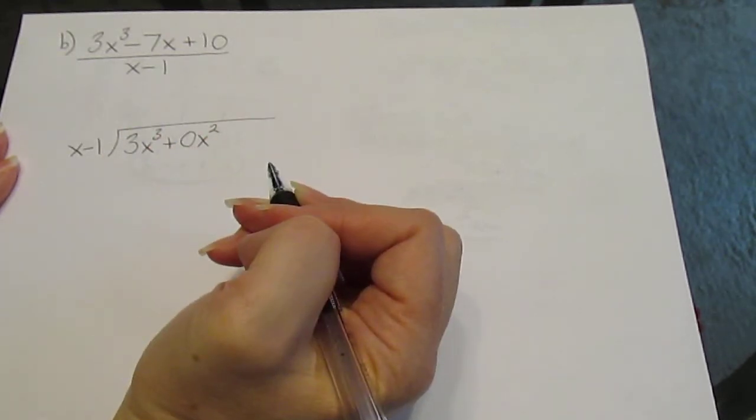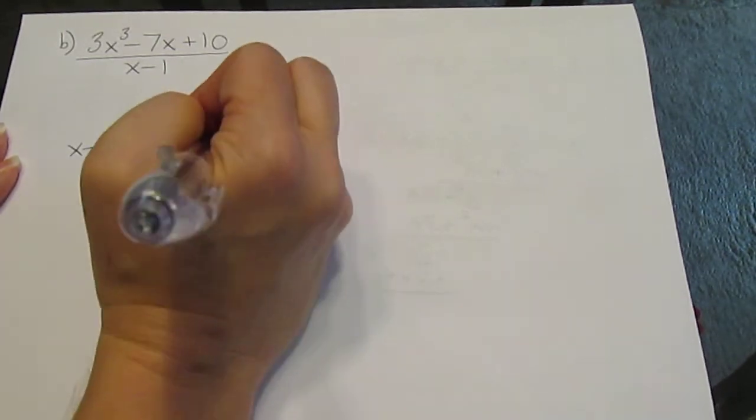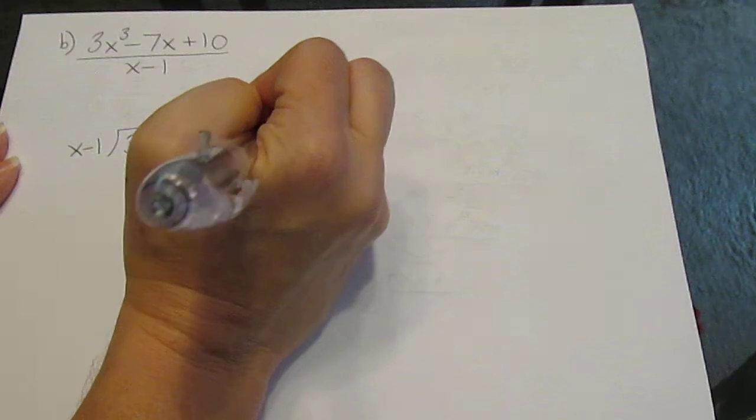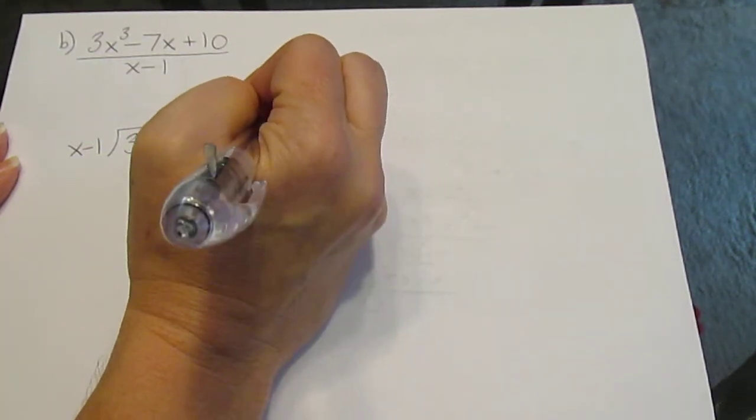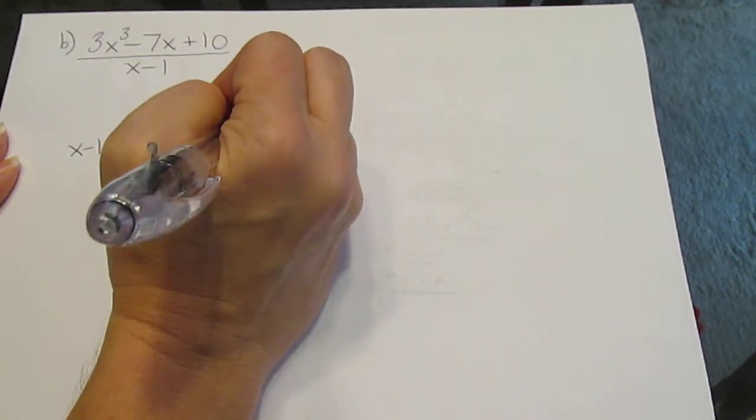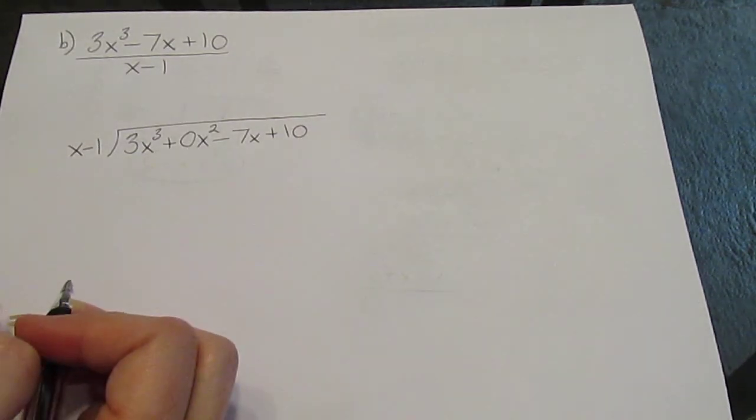So we're going to put 3x cubed plus 0x squared to hold the spot of the missing term, minus 7x plus 10. Okay, and you might be missing more than one term. You plug a 0 in for any terms that are missing.